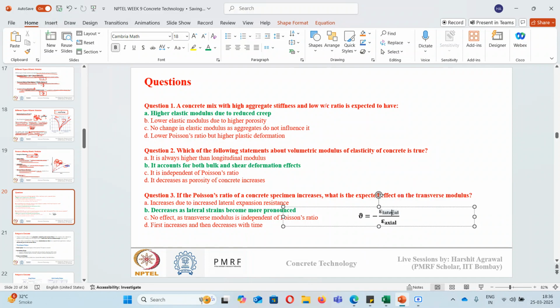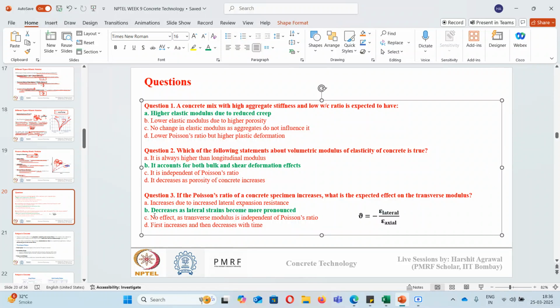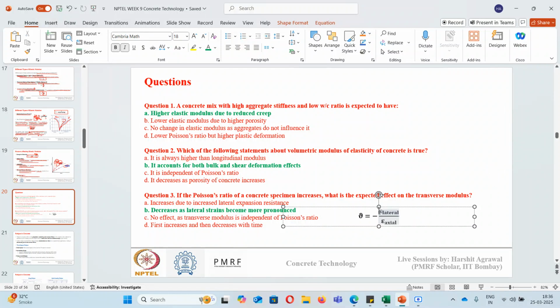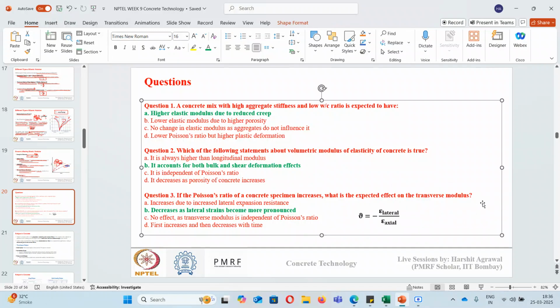Since lateral deformation is related to transverse stiffness, it decreases as lateral strain becomes more pronounced. So if this has increased, there is more deformation laterally, so the transverse modulus is decreasing.